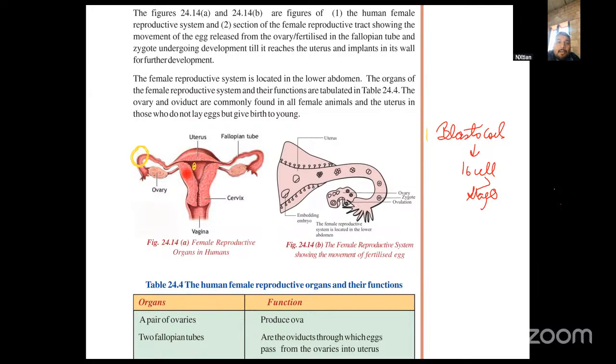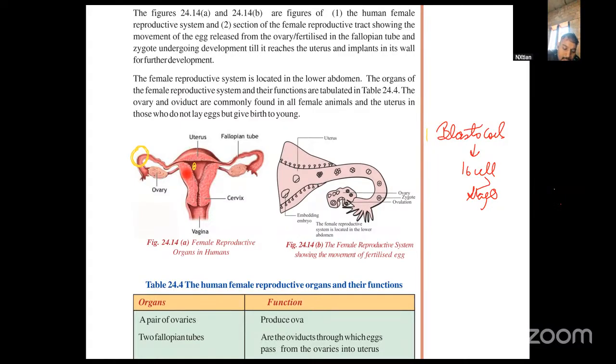With time, the zygote which is formed comes out with the period, because if something is not implanted, then the uterine wall will degrade. On the 14th day, I told you, the uterine wall is healthy, which means it is ready to receive the baby.